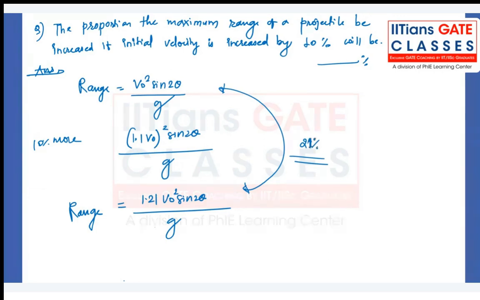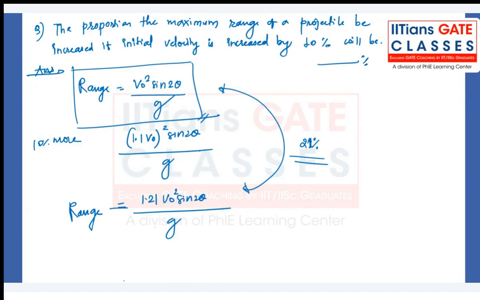Can you explain again? I'm not getting this. Okay. You understood this formula for range. Range is equal to V naught square sine of 2 theta divided by g, right? This is clear. Then what is the question asking? They are asking by what percentage the maximum range of the projectile will increase if initial velocity is increased by 10%.